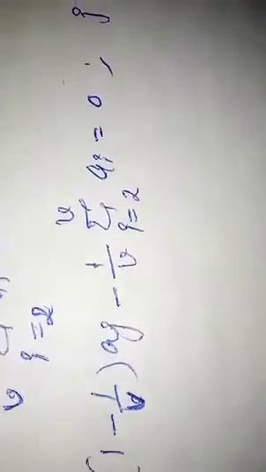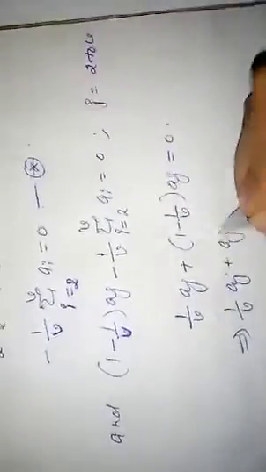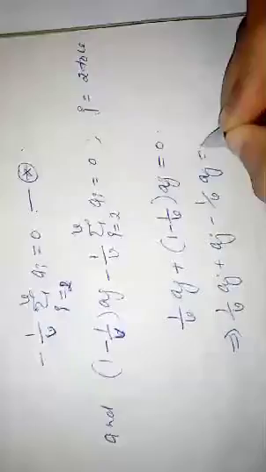Then subtract the star equation from this jth equation. Then you get 1 by v aj plus 1 minus 1 by v aj equal to 0, which implies 1 by v aj plus aj minus 1 by v aj equal to 0.